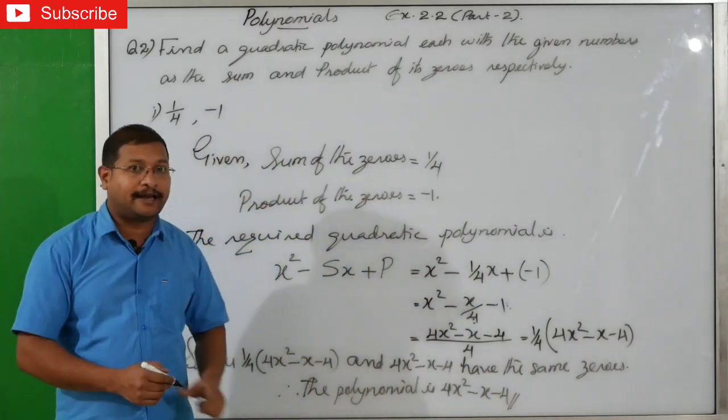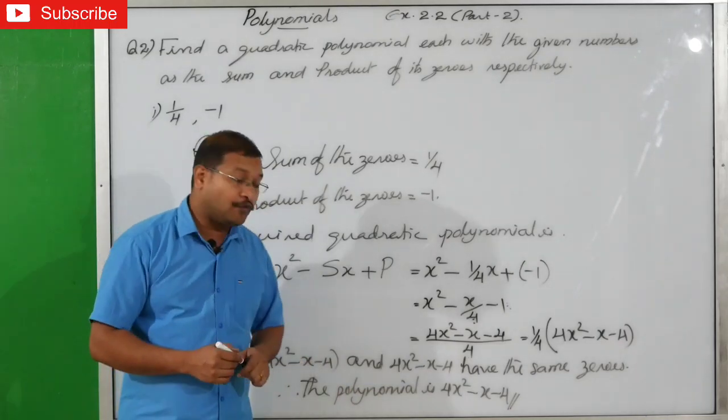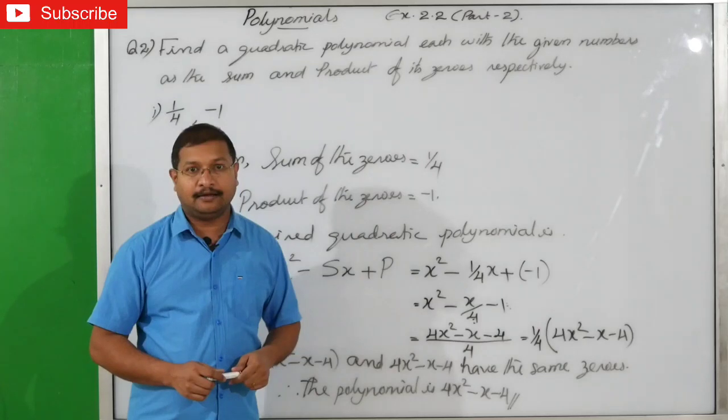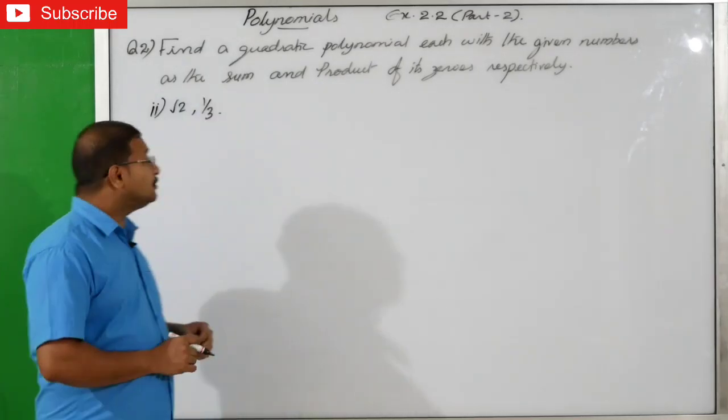Therefore, the required quadratic polynomial is 4x square minus x minus 4. Ready? Let's see the next question.